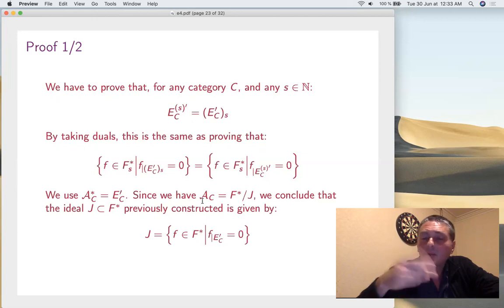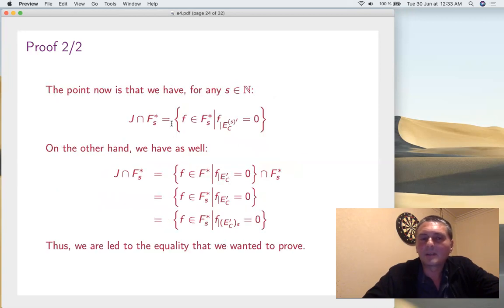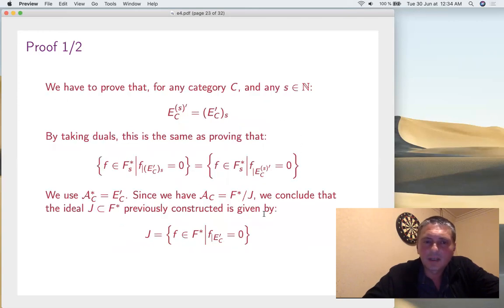So it's a star divided by a certain ideal. And the ideal that we constructed in these terms here is this guy like this. Now, the point is that if I truncate the ideal, you get this. On the other hand, if you compute it directly, you get this thing. So finally, you have this equals this. This is exactly what we wanted to prove.